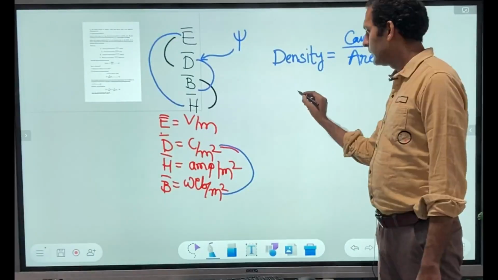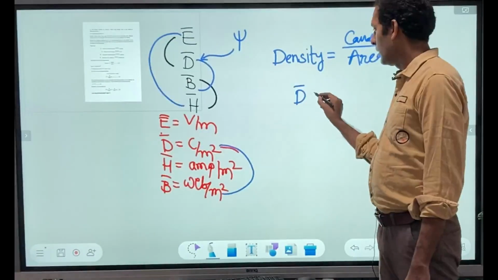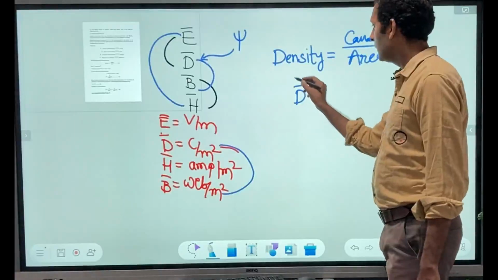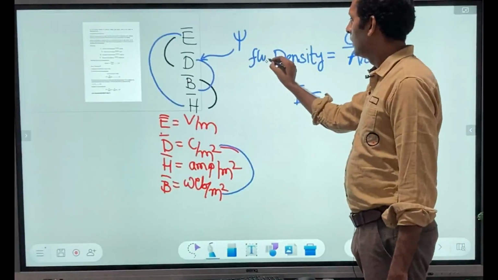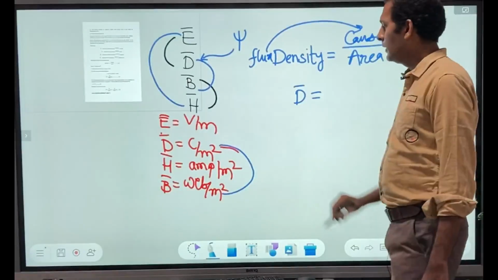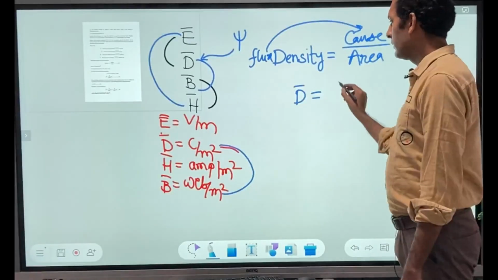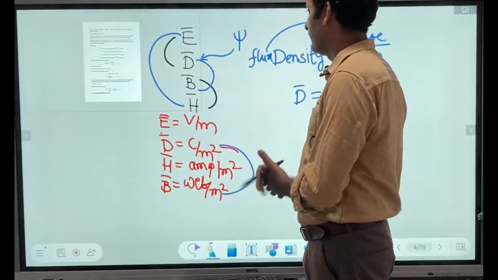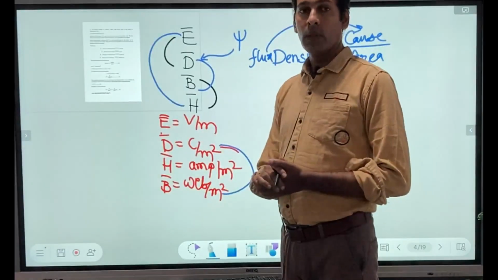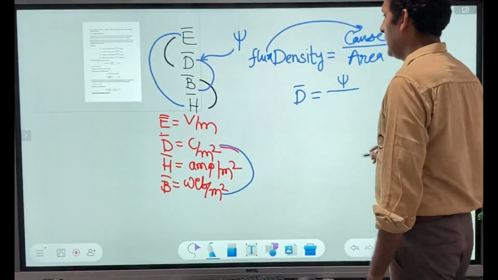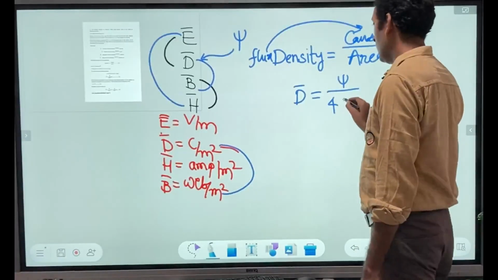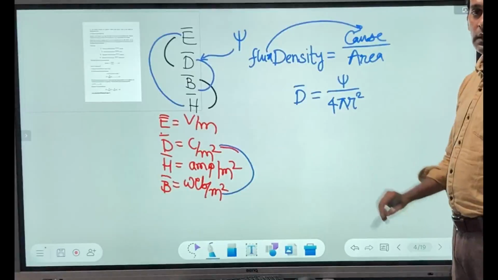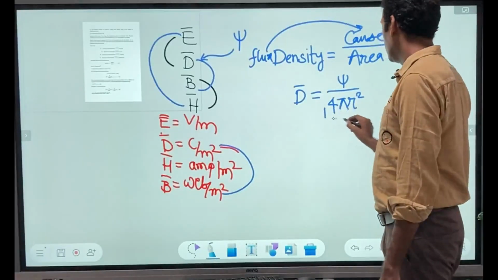Now if we talk about D bar, its cause is some flux. Say flux is creating flux density, so cause will be flux itself. So D bar will be equal to psi over area. Now area depends upon our setup. So if we consider a sphere, the area of sphere we can take as 4 pi r square.